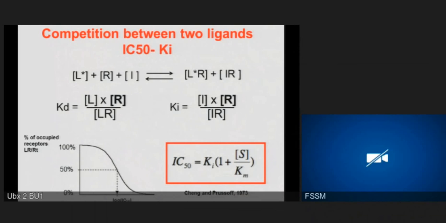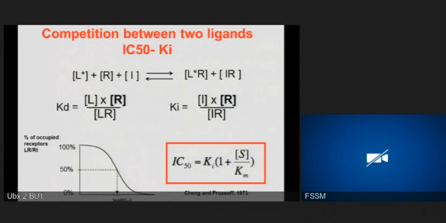You are playing a lot, and you are generating a lot of compounds. Based on one compound, you can generate 100 or 1000 compounds. You play.